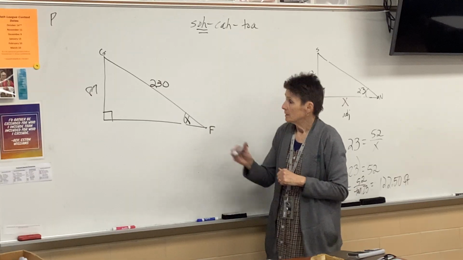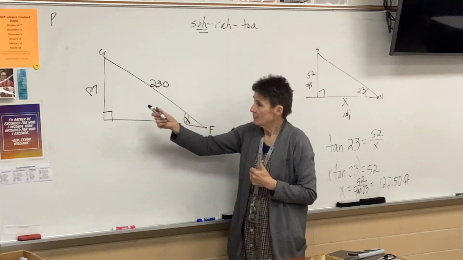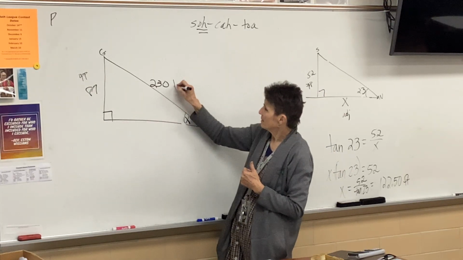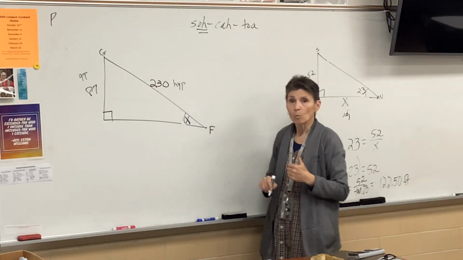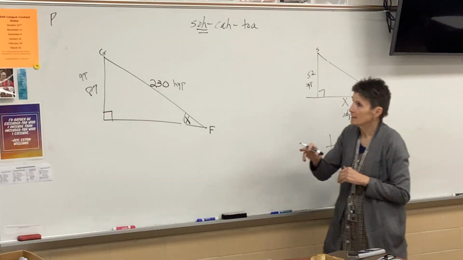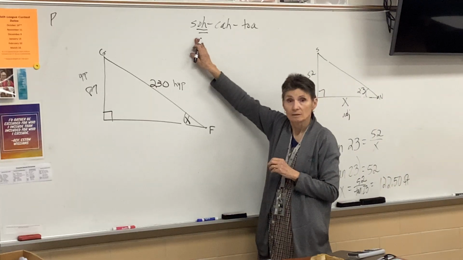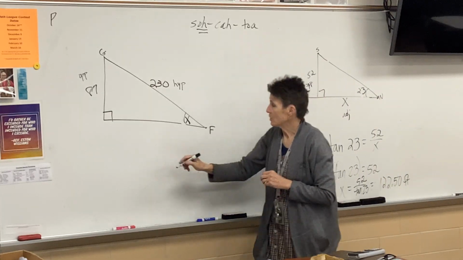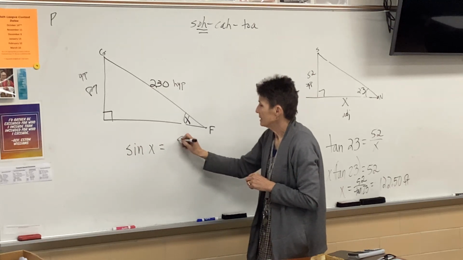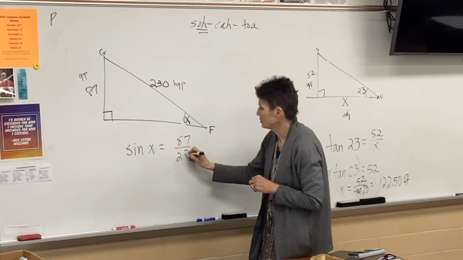Now, if that's my angle, this would be the opposite, and this would be the hypotenuse. So what function am I going to write if it's opposite and hypotenuse? Sine x equals 87 over 230.